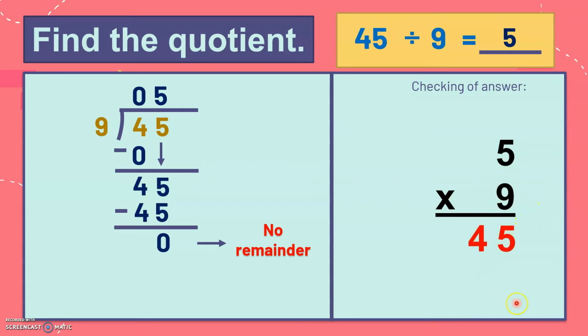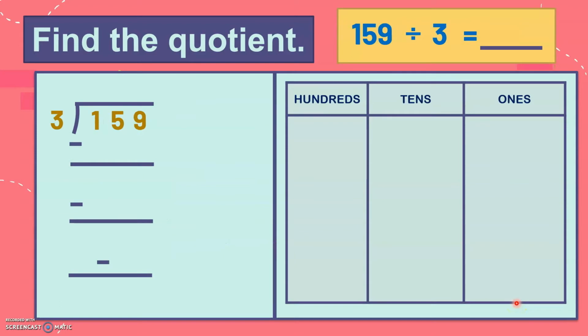Okay? So another example. We have now a 3-digit number. 159 divided by 3. Again, we'll start with the highest place value. And our highest place value here is hundreds. So we have 1 hundred divided into 3.